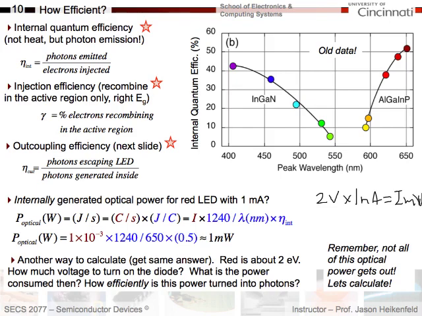Sorry, my watts is falling off the screen there. I'll write it right here. So I've got 2 milliwatts. That was easy to calculate. Then you say, okay, of this electrical power, how much of this is efficiently turned inside the device into photons? Well, my quantum efficiency is 50%, so 2 milliwatts times 0.5 would give me the same 1 milliwatt answer. And again, this was internally generated optical power. Now let's look at how much of it gets out, and you'll be surprised that it's difficult to get all the light out.